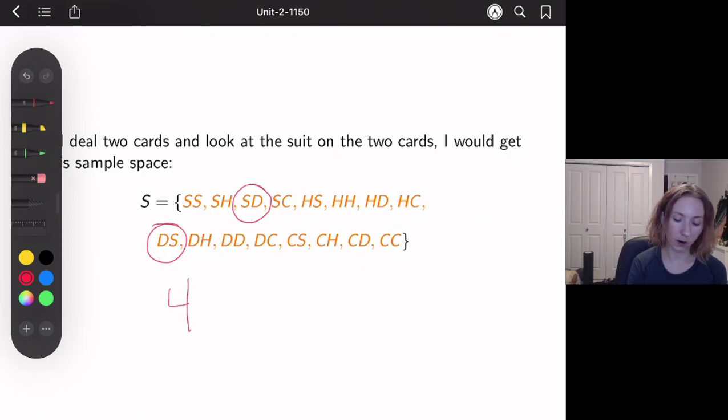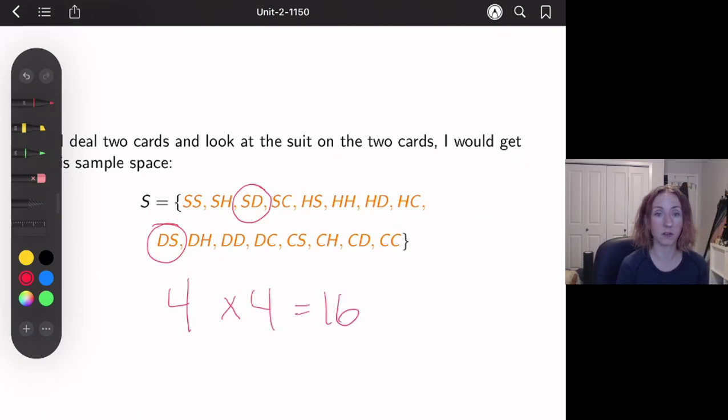Our second action was pulling the second card, so we had 4 choices again. So 4 times 4 is 16 outcomes in our sample space. The first branch started with 4, and each of those 4 branches spawned off 4 other possible branches. 4 times 4 is 16 outcomes.